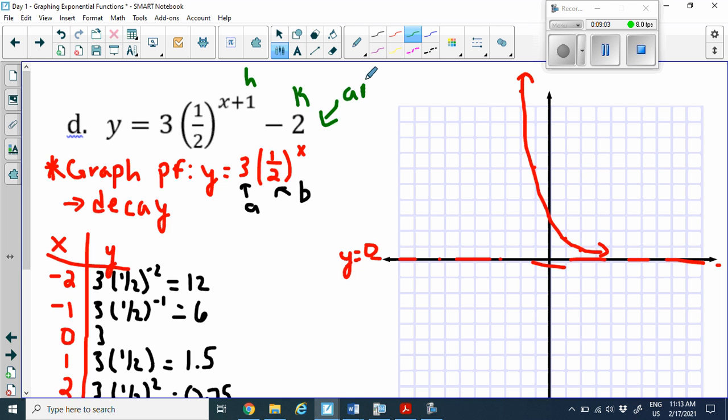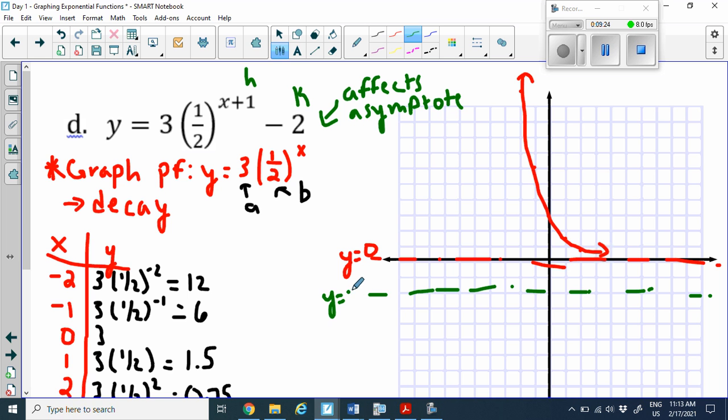So really that means we will have to take our asymptote and move it down 2. So I go down 1, 2, I do a dashed line. Remember, it's always horizontal. There we go, y equals -2.